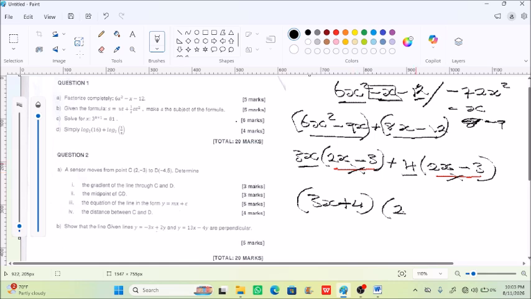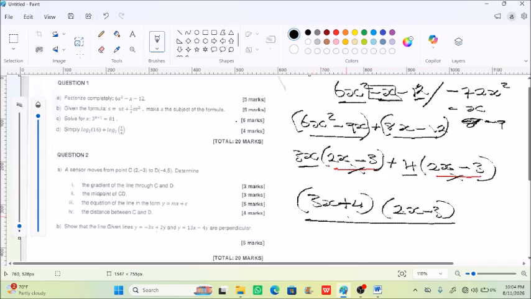The parentheses are the same on both sides, so we just take one of them. This becomes our final answer for factorizing 6x squared minus x minus 12, and you get your 5 marks.